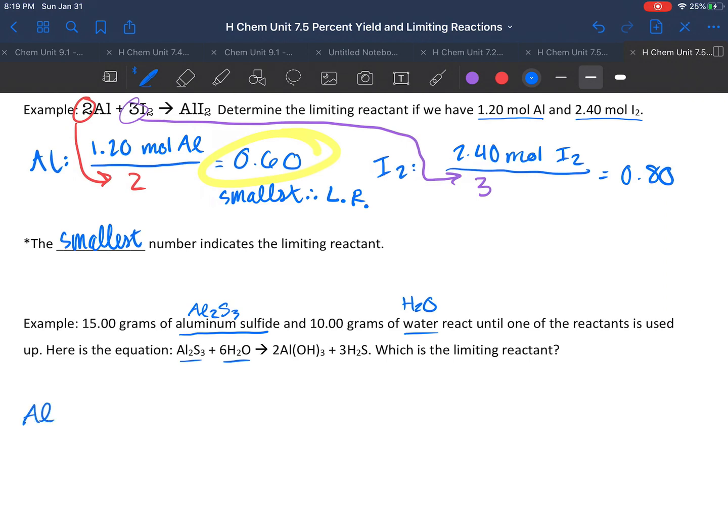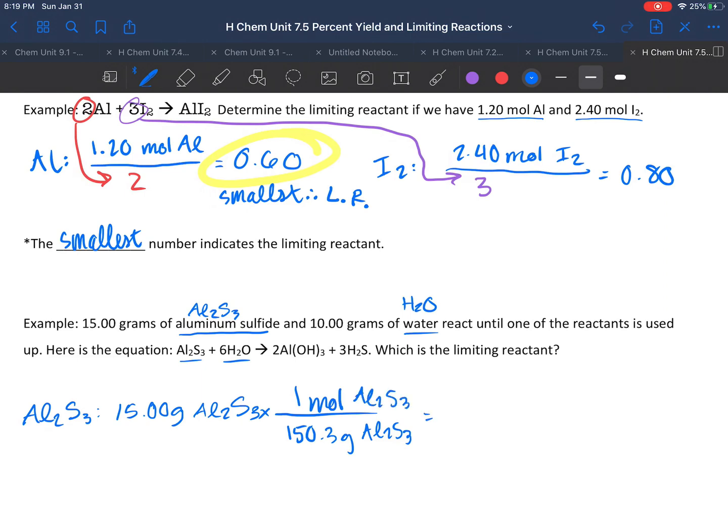So for aluminum sulfide, if we have 15 grams of Al2S3, to convert to moles, we use its molar mass of 150.3 grams for 1 mole.